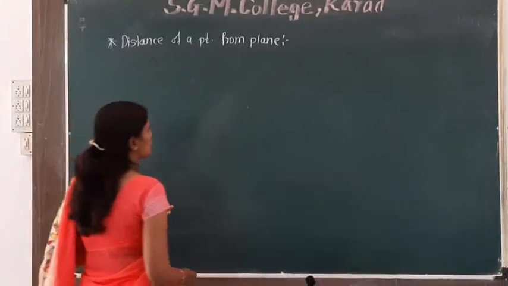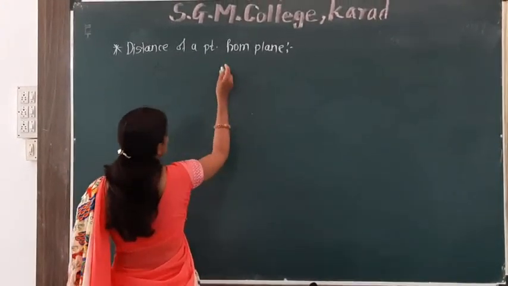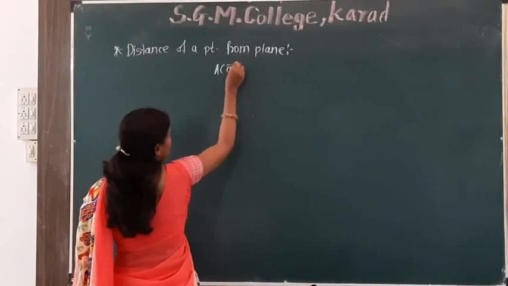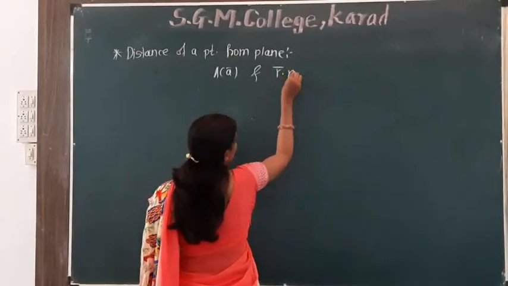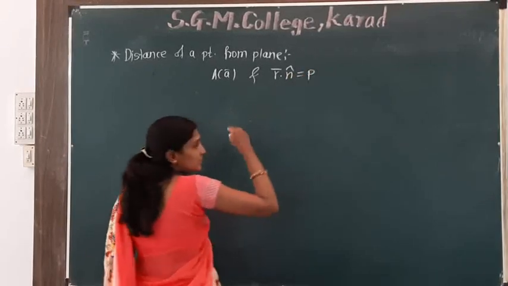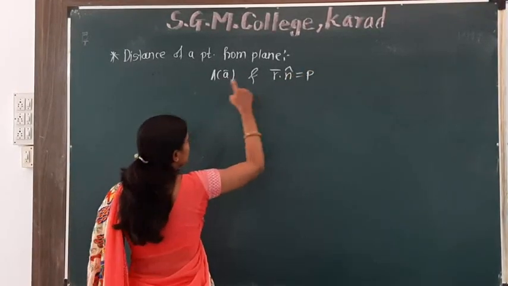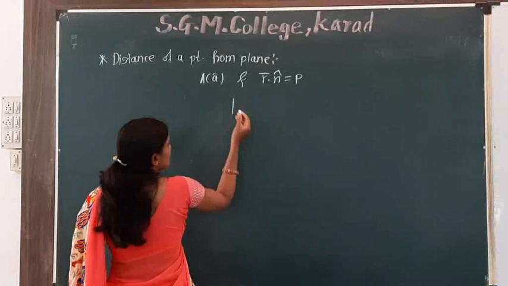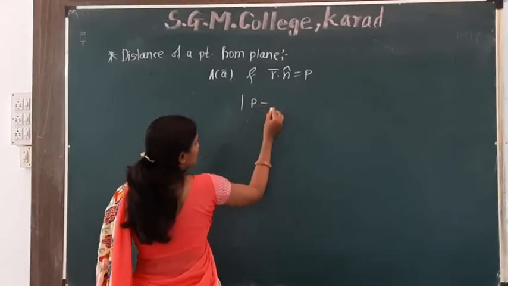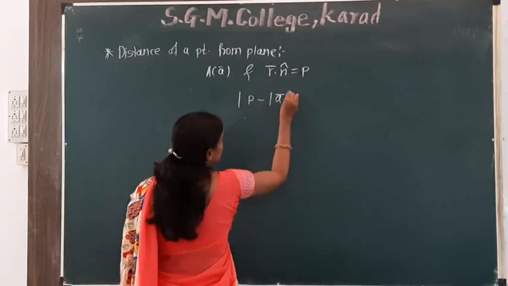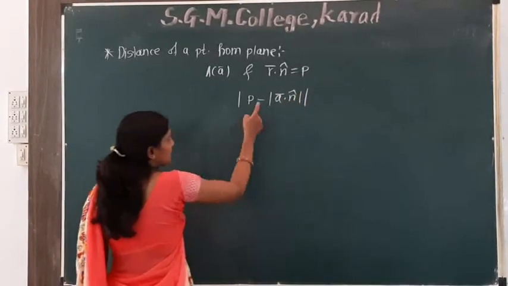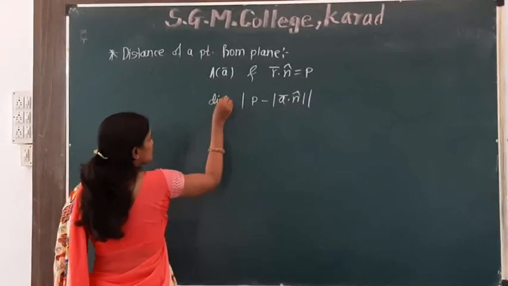What is the distance of a point? Suppose a point A of A bar and a plane R bar dot n cap is equal to P, then distance of this plane from this point is magnitude of P minus magnitude of A bar dot n cap. This is a distance.